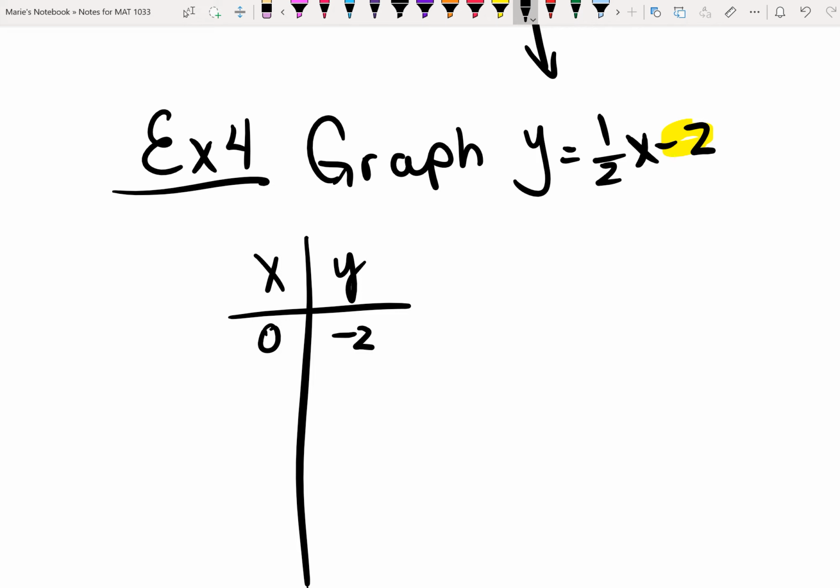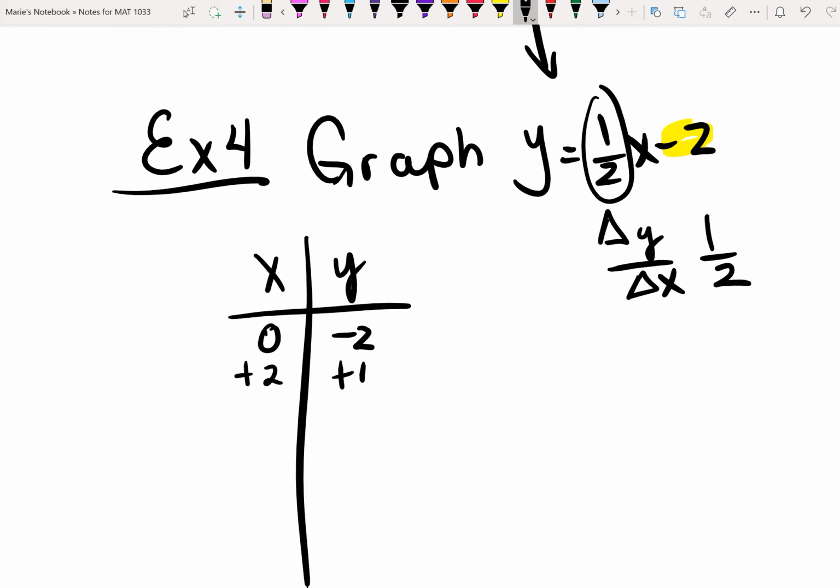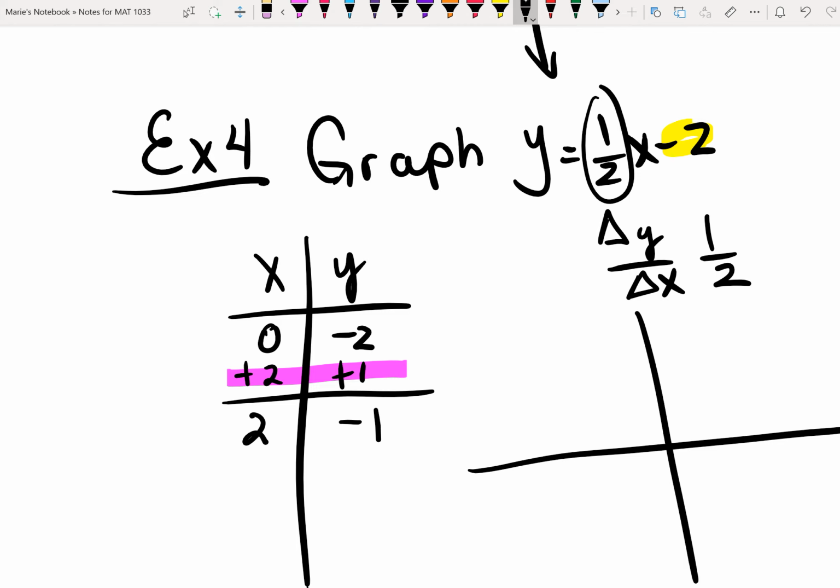What you can also do is remember that your slope is the change in y over the change in x. So if this is 1 over 2, that means that I'm going to go plus 1 on the y and plus 2 on the x. So this is your slope. Your final answer for this will become negative 1, 2, which means that if I'm graphing and I'm starting at 0, negative 2, I'm going, according to this, over 2 and down 1.